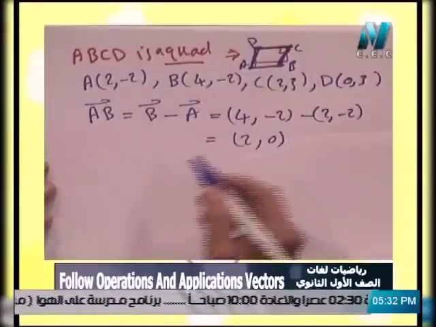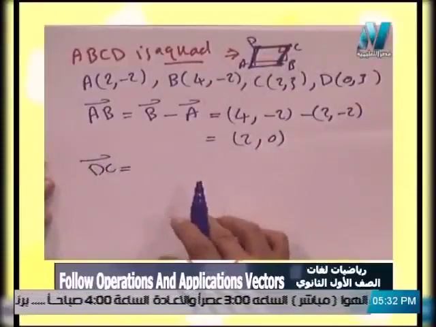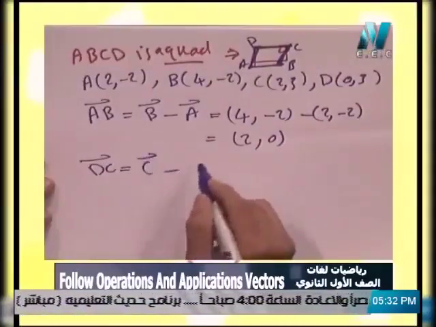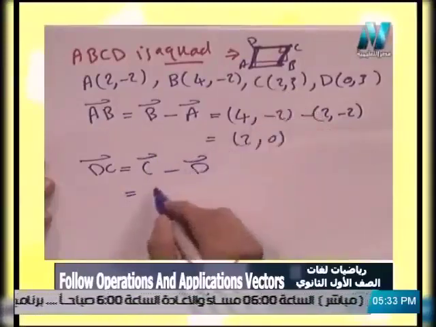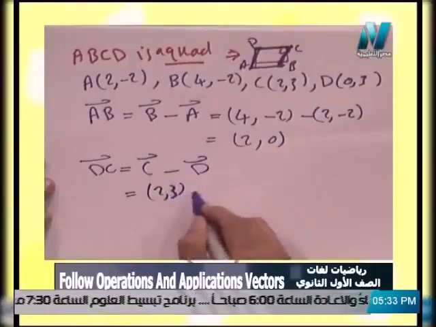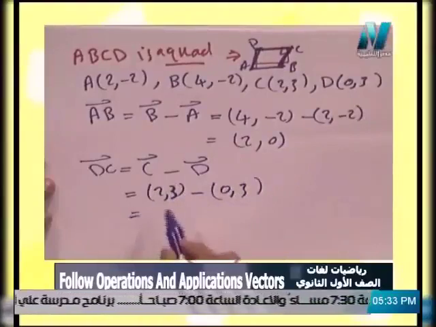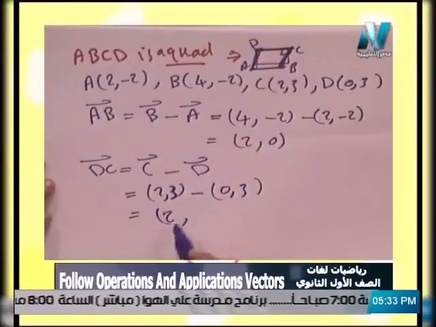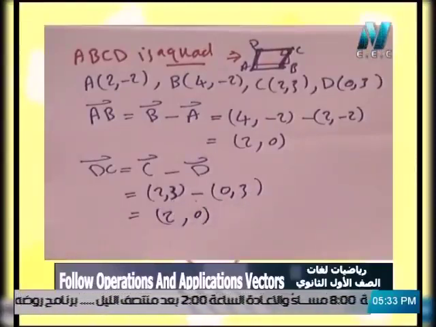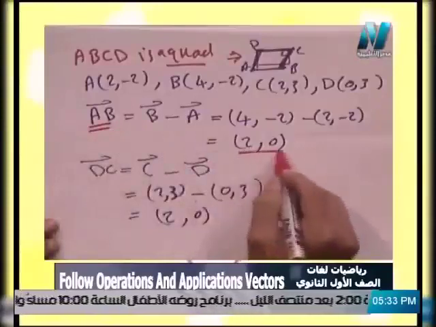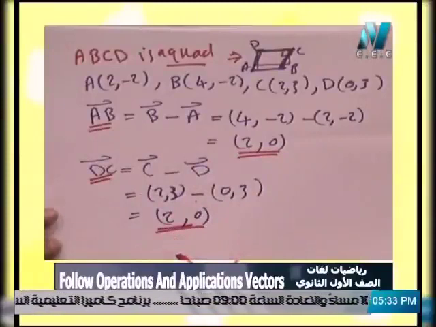And we also have DC. The vector DC is the vector C minus the vector D. The vector C is (2, 3) minus the vector D, which is (0, 3). 2 minus 0 is 2. 3 minus 3 is 0. Look carefully, my dear students: the vector AB equals (2, 0), and the vector DC is also (2, 0).